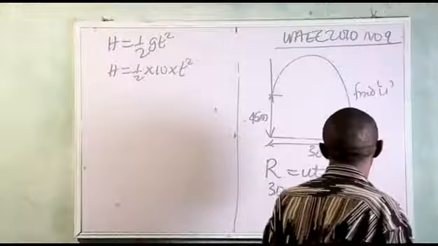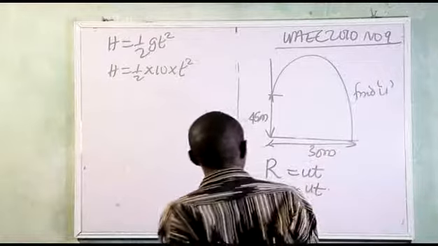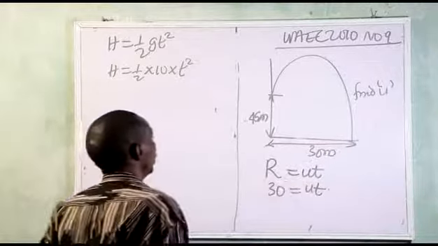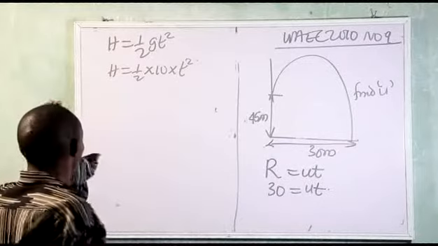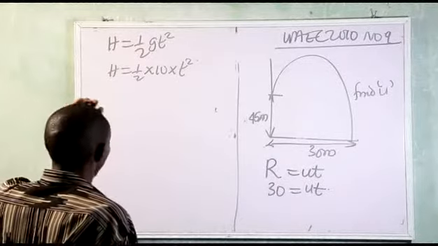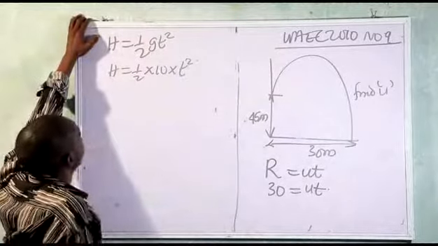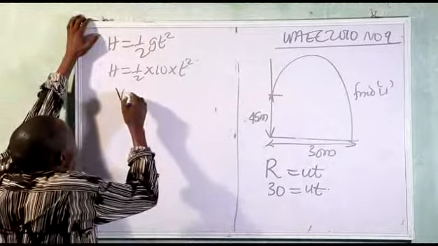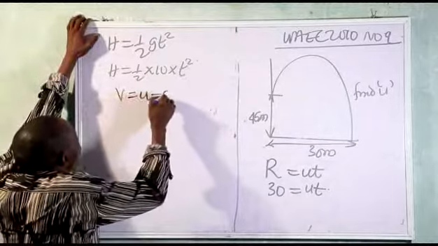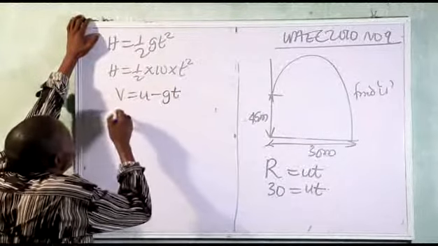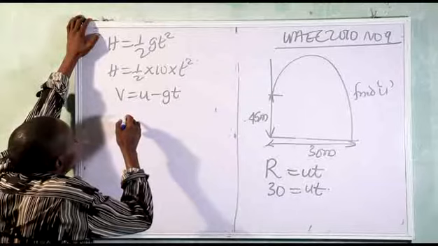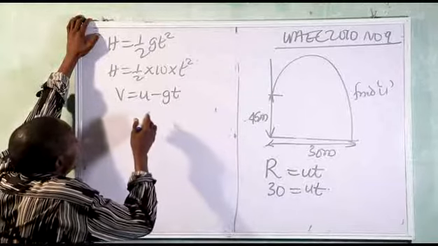Do you follow? We are given the height. Okay, what do we do? Parameters given. From our equation, v equals u minus gt. Final velocity is 0. We are still looking for our t.